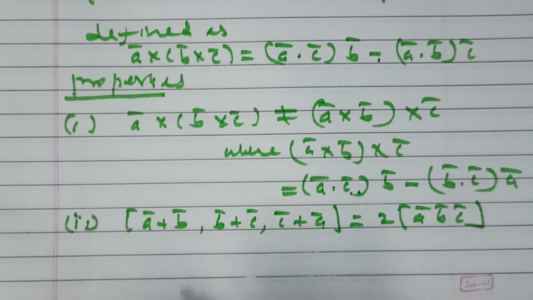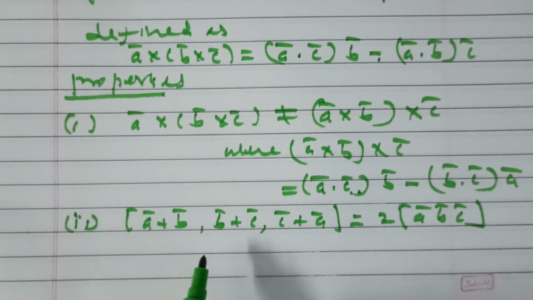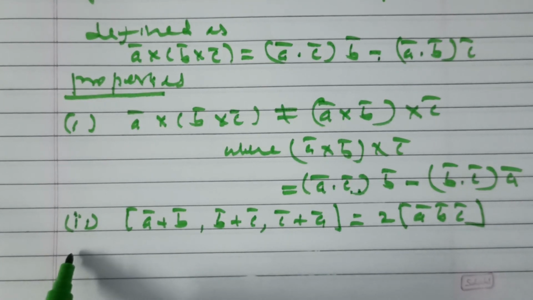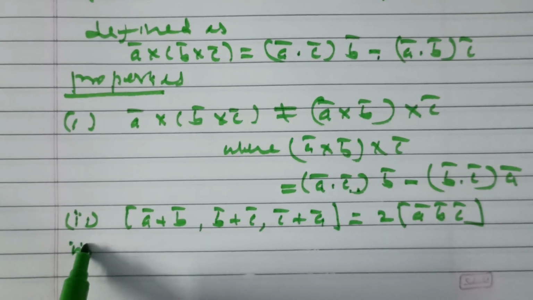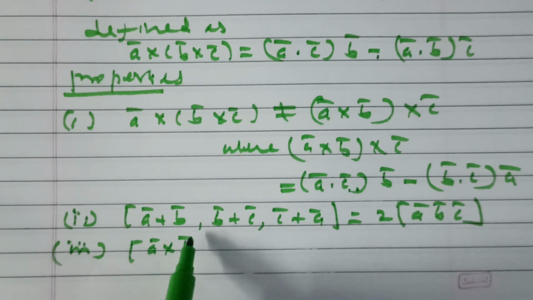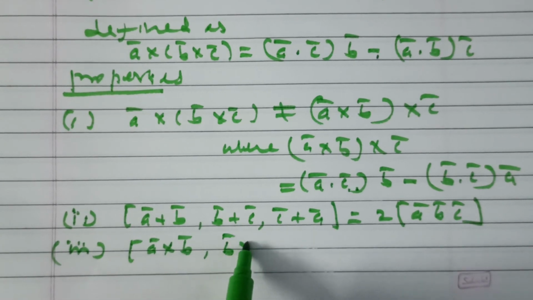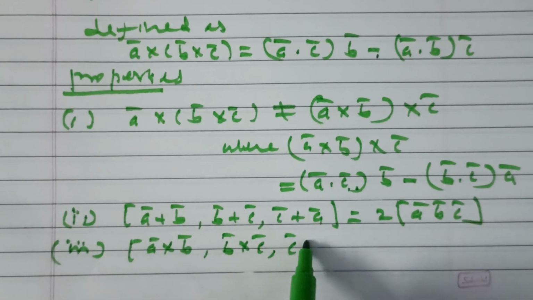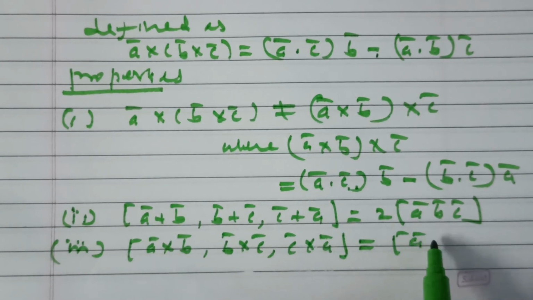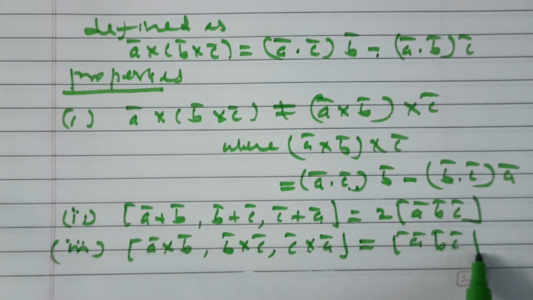See the sum of the two vectors, a bar plus b bar, b bar plus c bar, c bar plus a bar, is equal to 2 times of that. And also we have one more property here, cross product of each in order, a bar cross b bar comma b bar cross c bar comma c bar cross a bar in cyclic order is equal to triple scalar product a bar b bar c bar whole square.